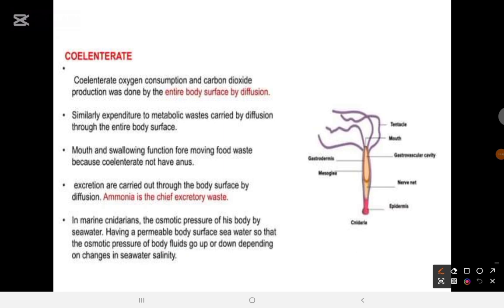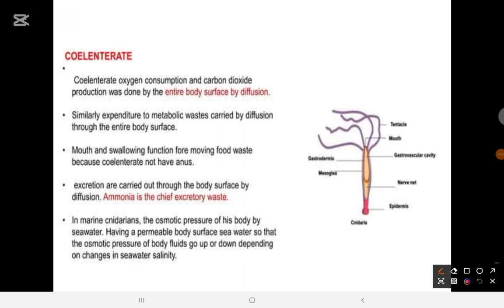Okay, they don't have kidneys and excretory organs, like I said too. Like the sponges, they use simple diffusion, and their major excretory products are ammonia and carbon dioxide.